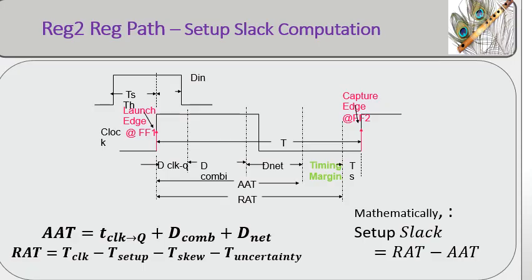The destination flip-flop FF2 must capture the data before the required setup timing limit. The required arrival time, or RAT, is determined by the clock period, setup time, clock skew, and clock uncertainty. The difference between RAT and AAT gives the setup slack, which indicates the available timing margin.